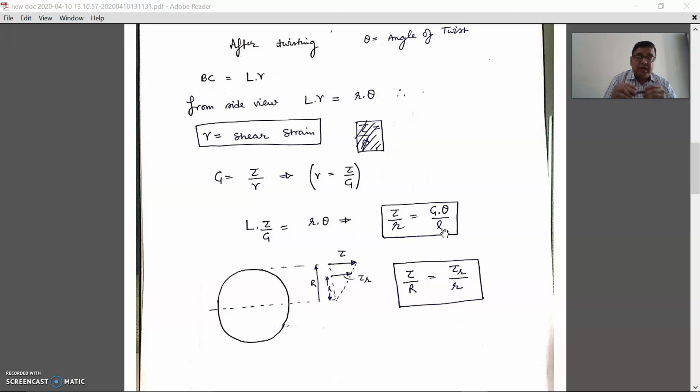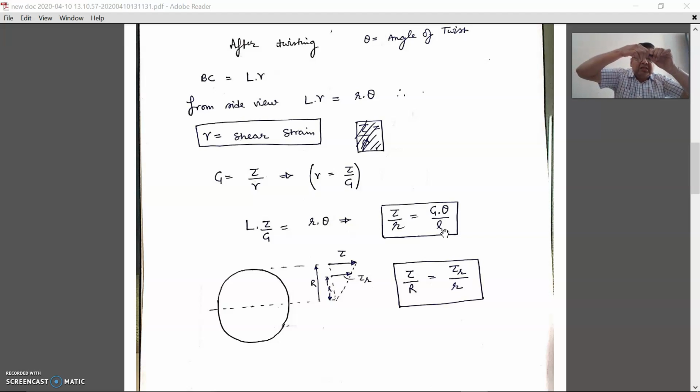Now we can understand this also by this. If this is the bar, and I am applying a force like this, twisting like this, then we already know that cracks will appear first at the outer side surface. Why will cracks appear at the outer side surface?